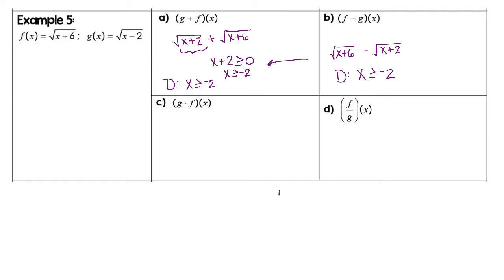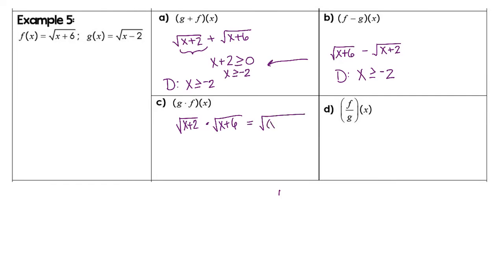Now for part C, we're multiplying these. And again, with the multiplying, then we have to go through and say the square root of x plus 2 times the square root of x plus 6. And with multiplying, you can put these together under the radical.